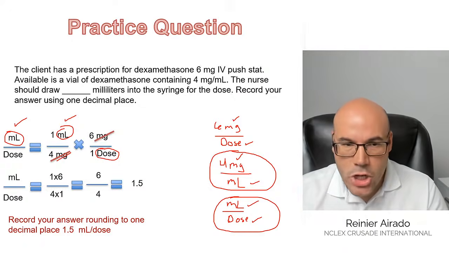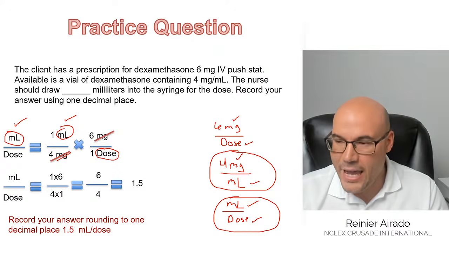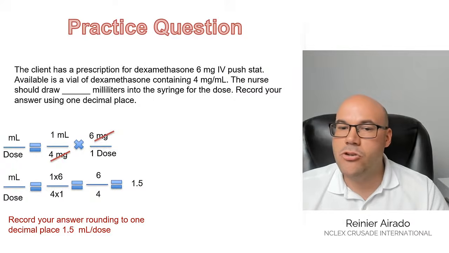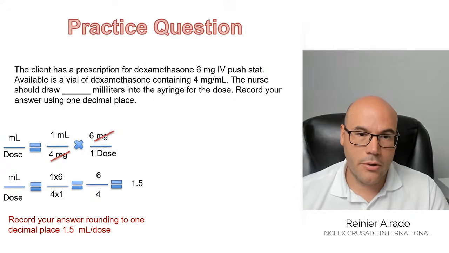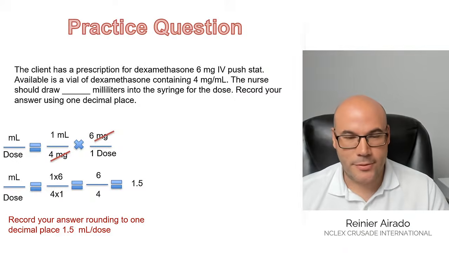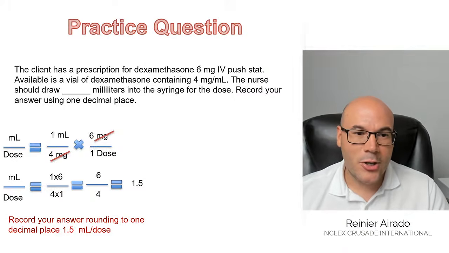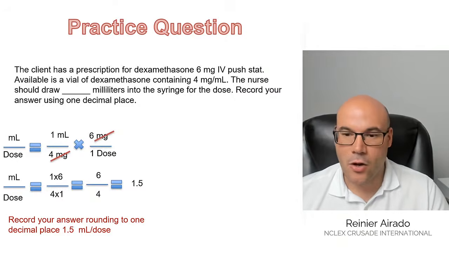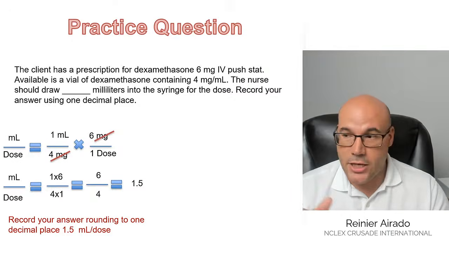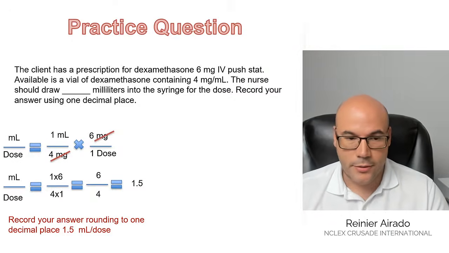Now, let's use the same strategy to answer a drop style question. To answer drops per minute style question. As you could see, I mentioned a strategy here for this question.